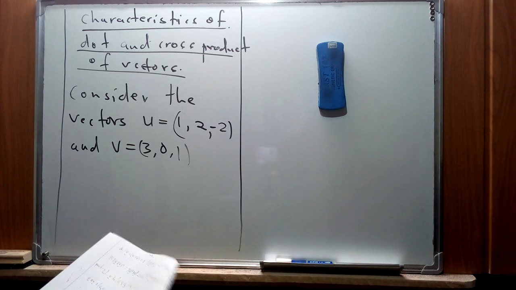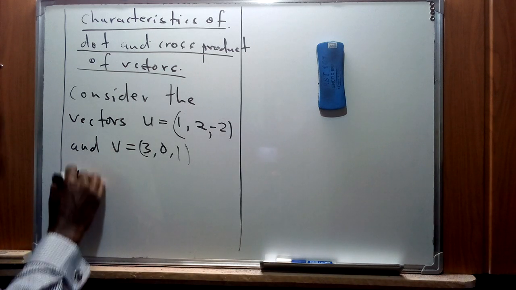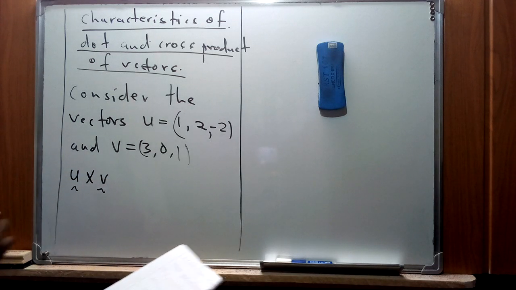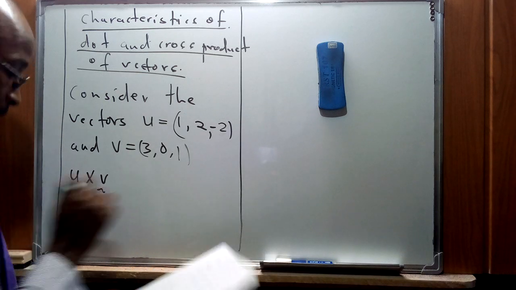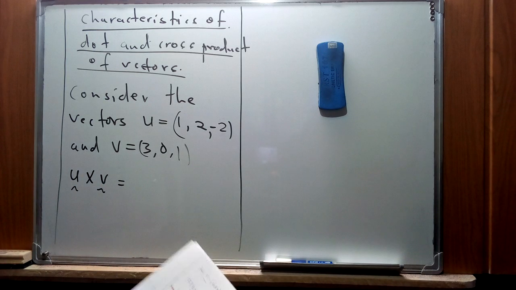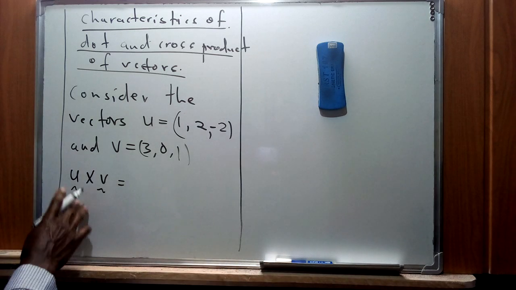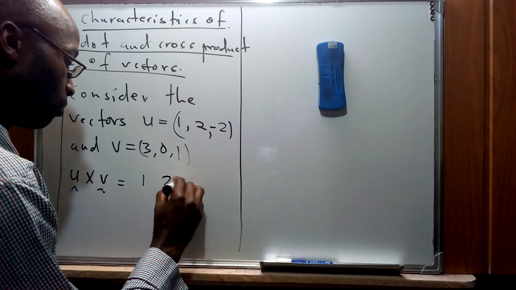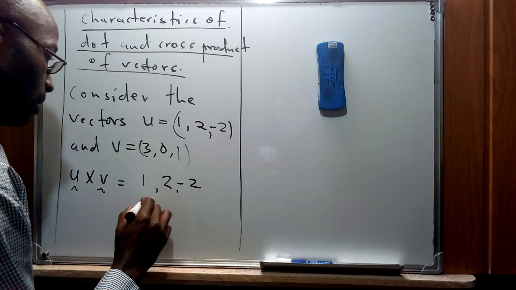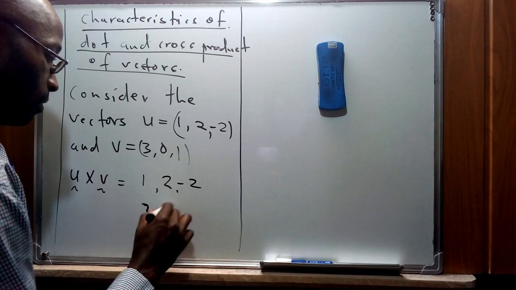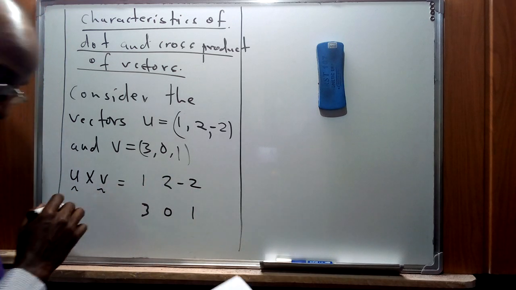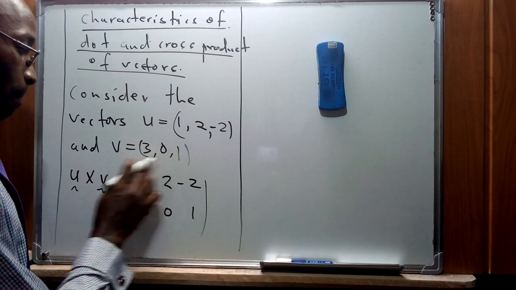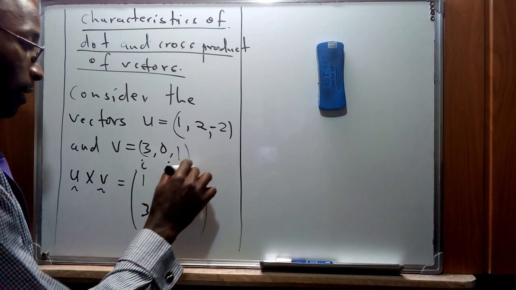Therefore, if we're going to find the cross product, u cross v, for these two vectors, we can use the concept of determinants. So we write it in the form of a matrix: 1, 2, -2, and then 3, 0, 1, with the i, j, and k components.